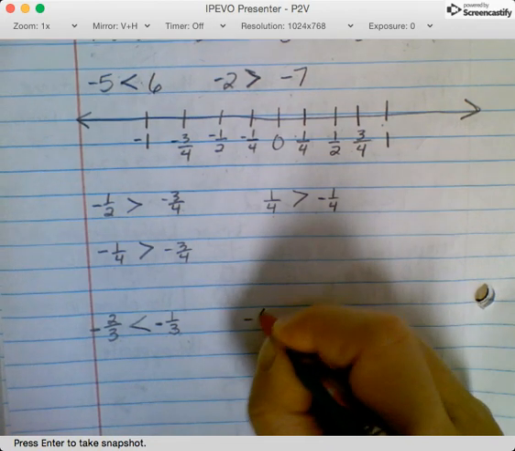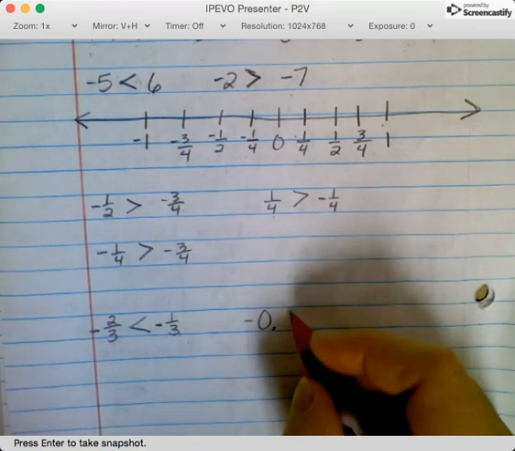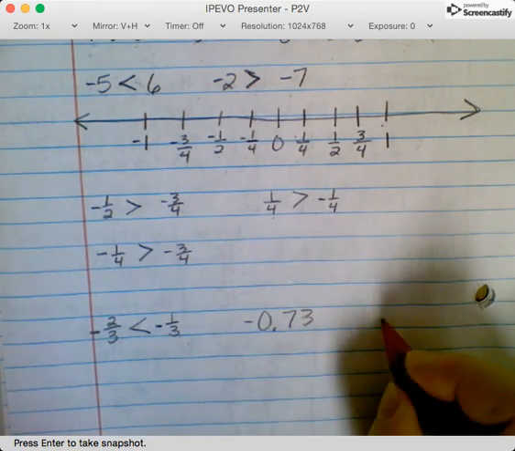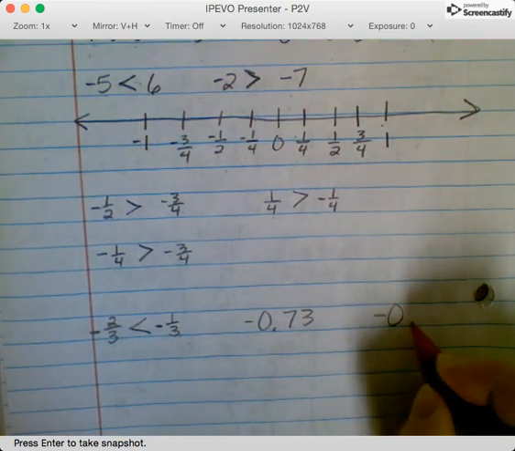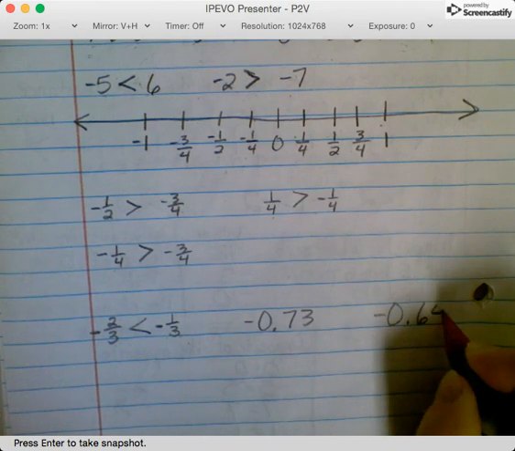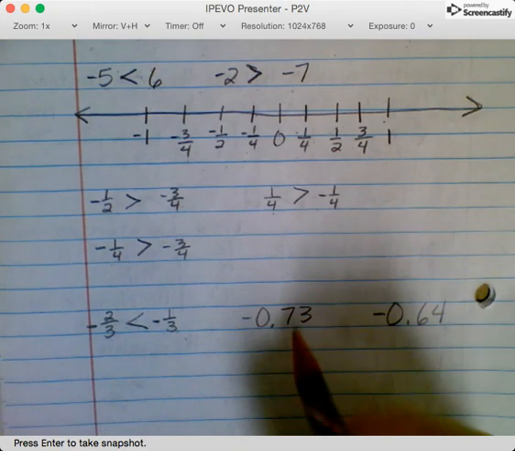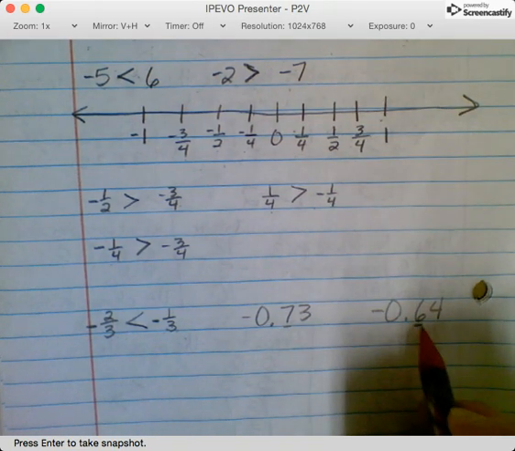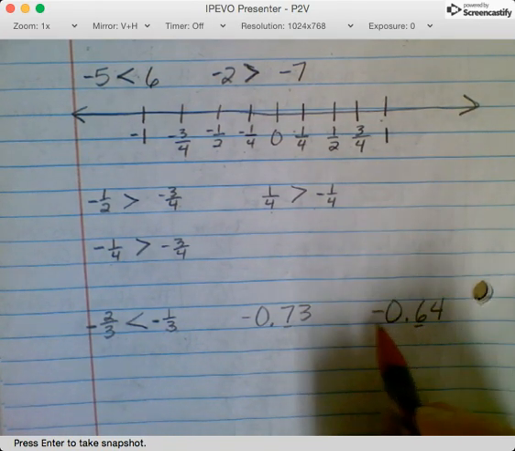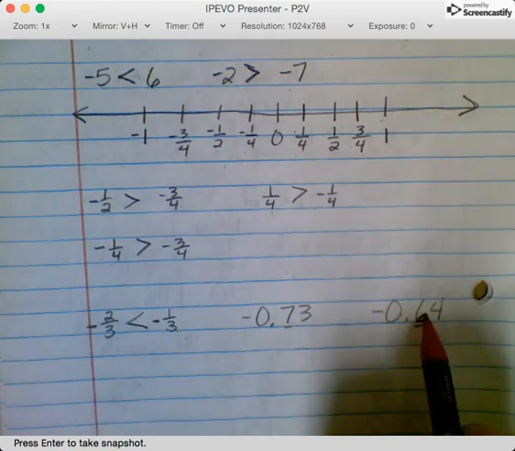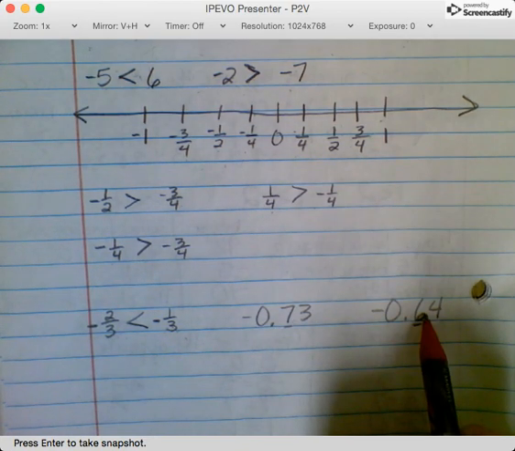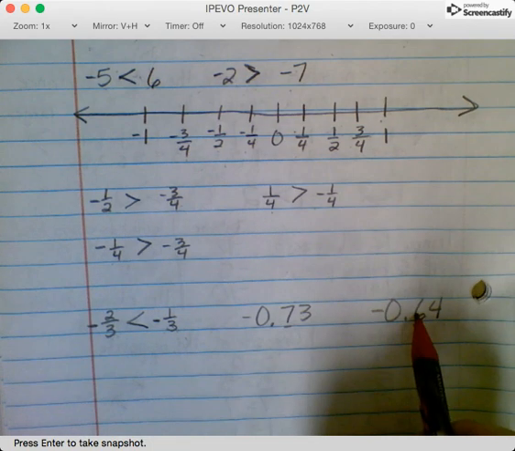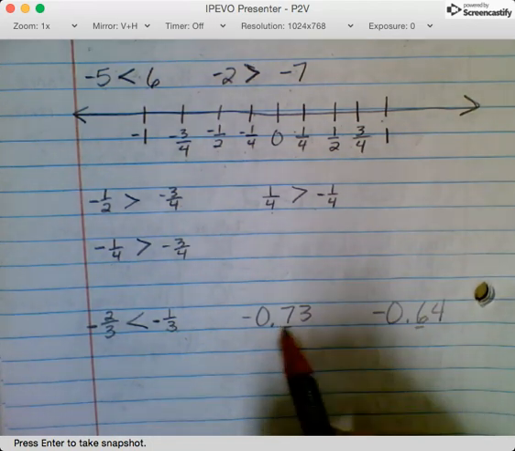Let's do some decimals. So I have -0.73 and -0.64, negative. Okay, so normally 73 hundredths would be bigger than 64 hundredths because I look at the number to the right of the decimal place, the furthest left.